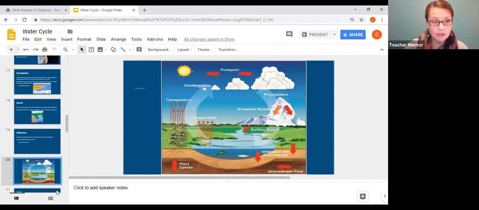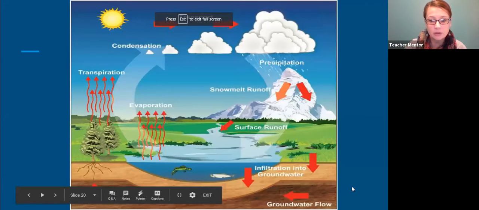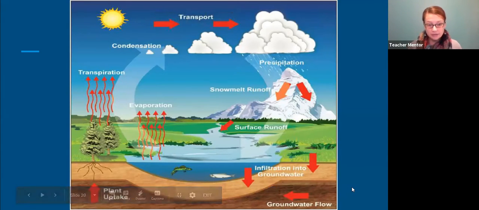Okay, so here is a picture of the complete water cycle because we talked about all the steps of the water cycle. So here we can see the different steps and the different types of energy that we can see, whether it's being removed or added. So if we start with evaporation, we see the sun heating evaporation, adding that energy, and then we get the vapor rising from the body of water.